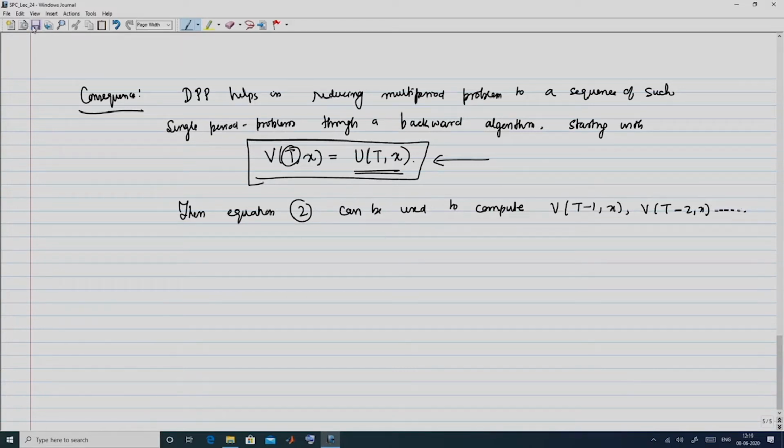Alright, so now let us try to have a better clarity on the DPP through a couple of examples. And so, let me start off with the first example.